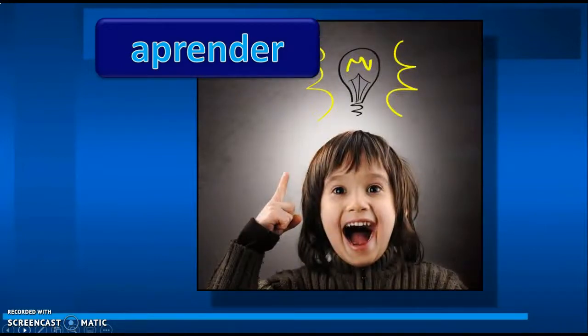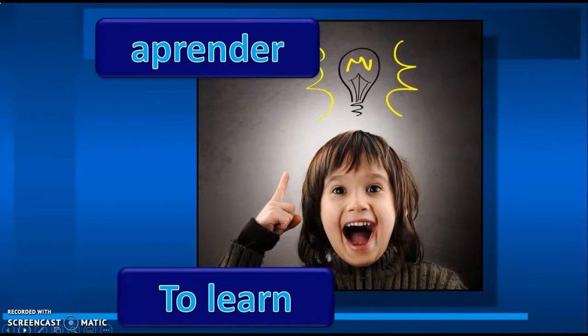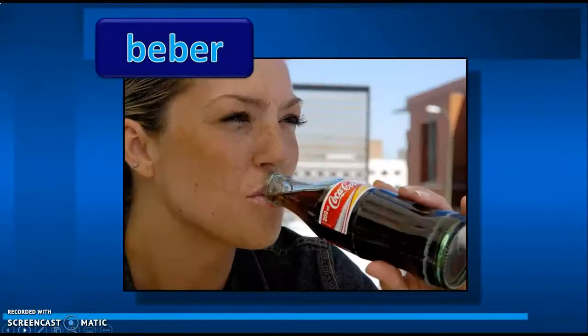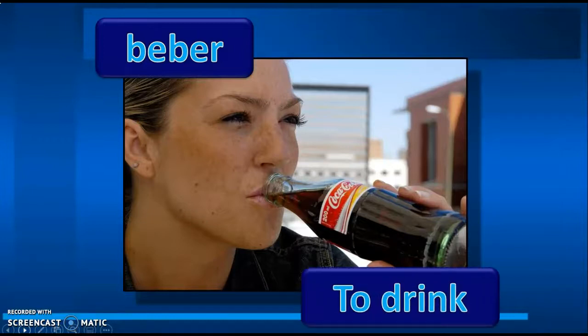Aprender, aprender, to learn. Remember that the verbs in this form are called the infinitive forms, and in Spanish they end in an R, and in English you need to put the word to in front of them. Aprender, to learn. Beber, to drink.